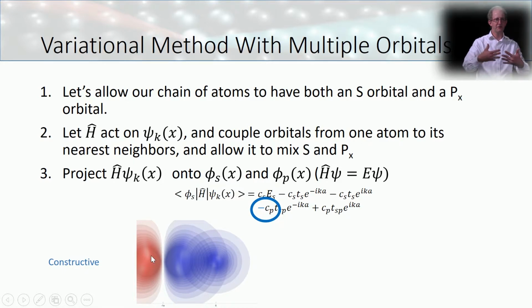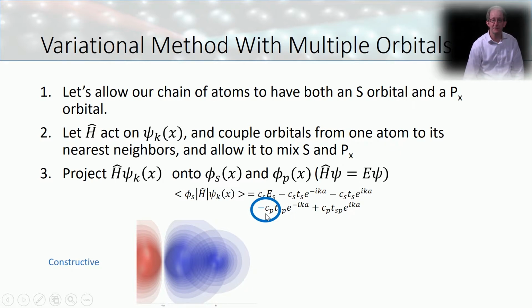And when we look at how they overlap, they add constructively. We have the same sign of the orbital. The px orbital has two lobes, a positive lobe and a negative lobe. And for the px orbital one atom behind, the parts of the px orbital and the s orbital at the origin overlap constructively. They add together in phase. And so we get a negative energy reduction.